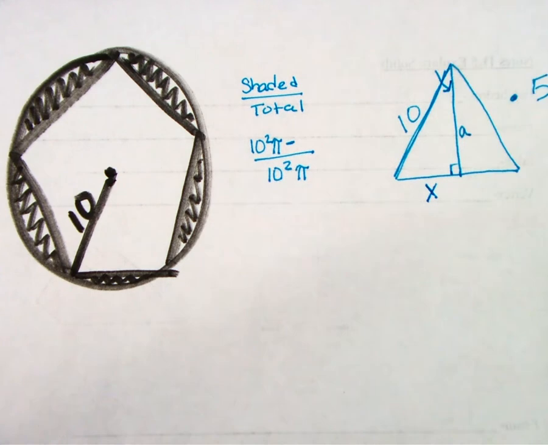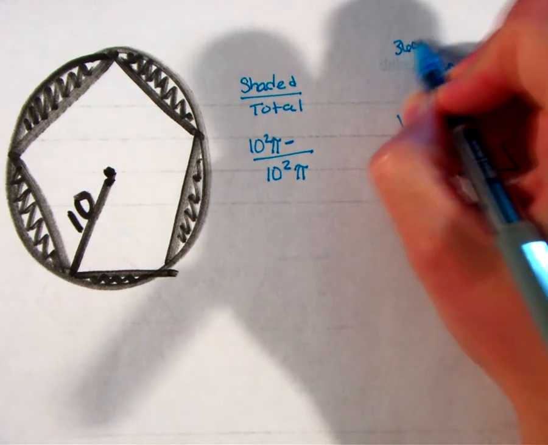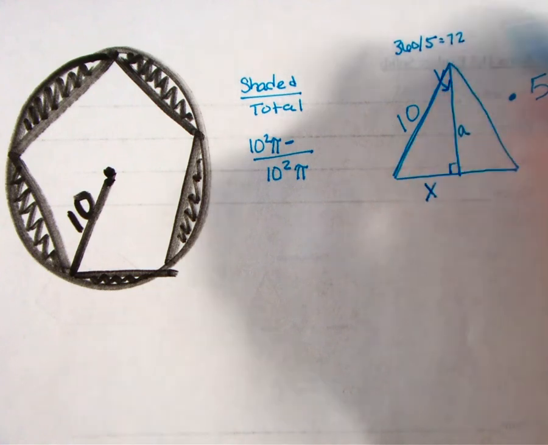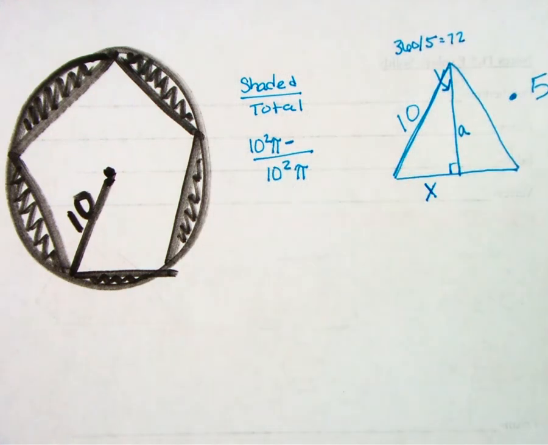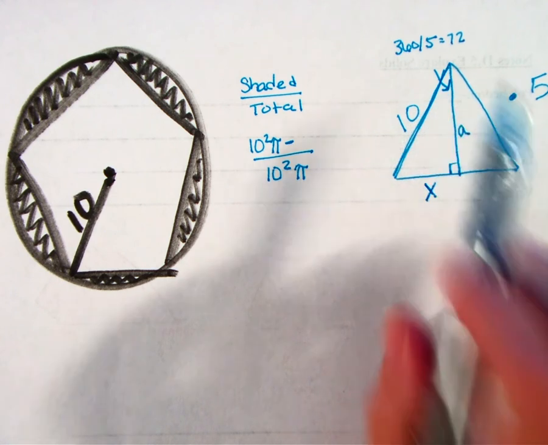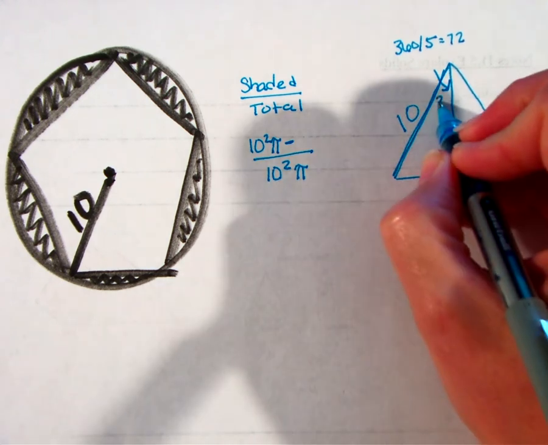And let's find this angle measure. So I'm going to do 360 divided by 5, which is 72. But then I'm going to cut that in half, because 72 is these two angles together. So when you cut that in half, you get 36.